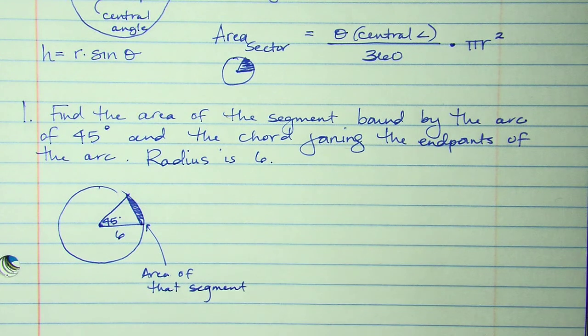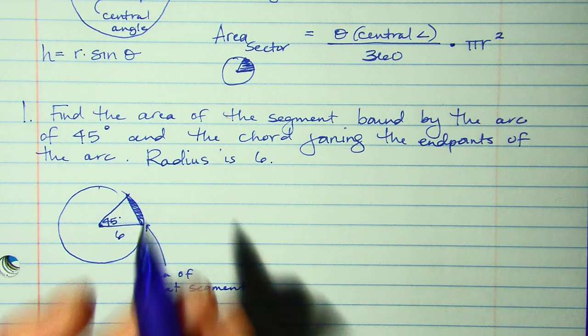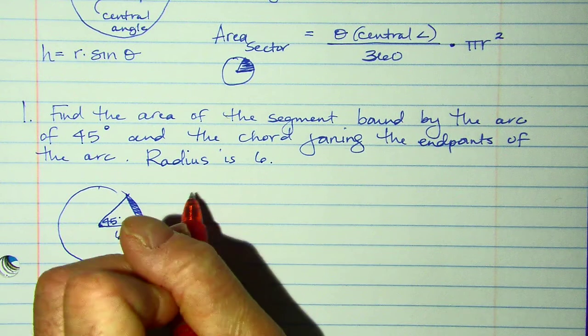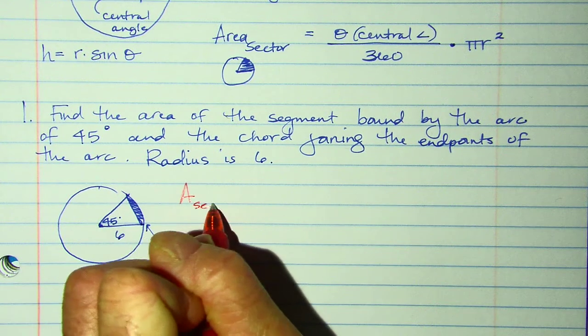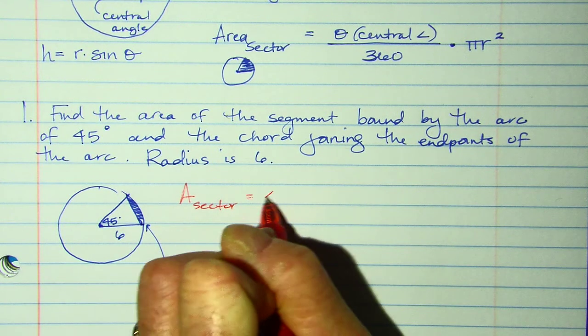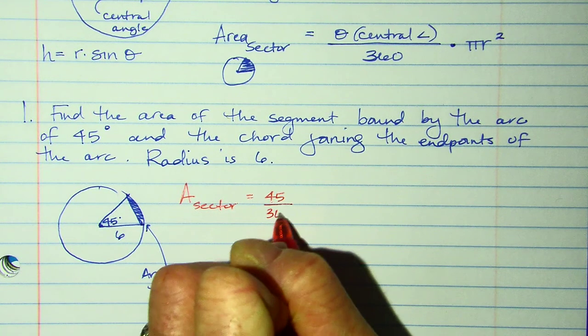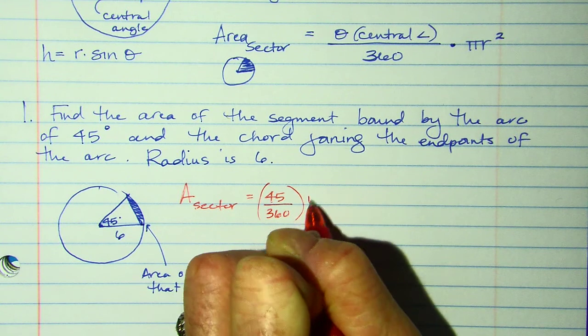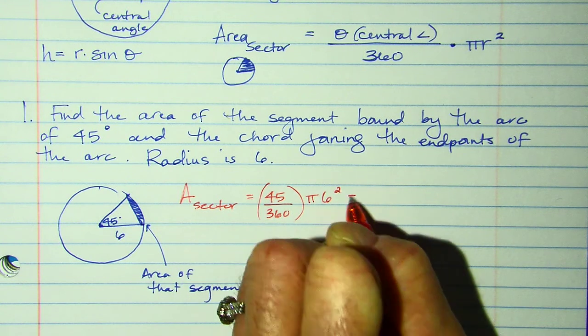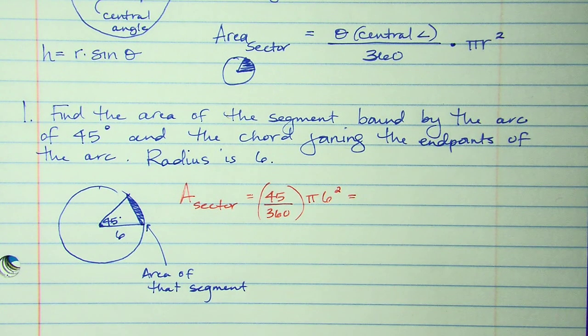So remember, it'll be the area of our sector minus the area of the triangle. So let's first find the area of our sector, so that'd be 45 over 360 times pi times 6 squared. Okay, so 45 over 360 reduces to 1 over 8.